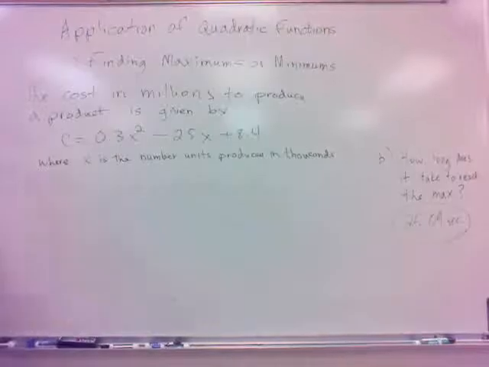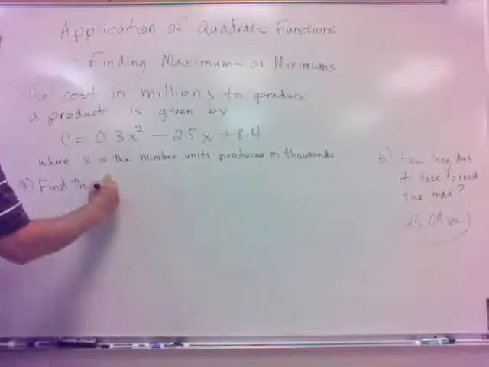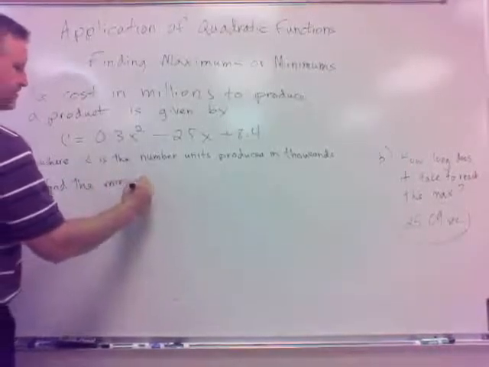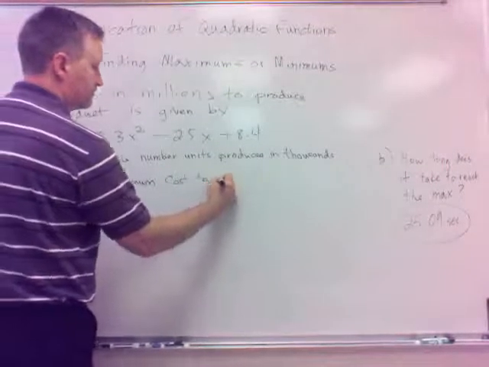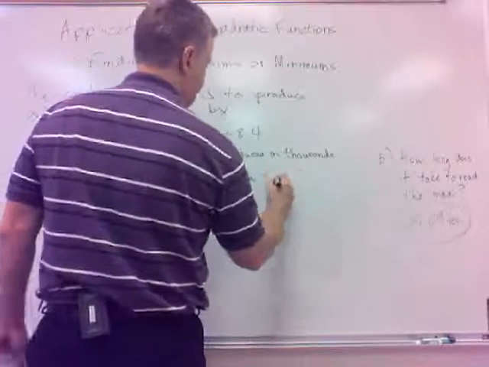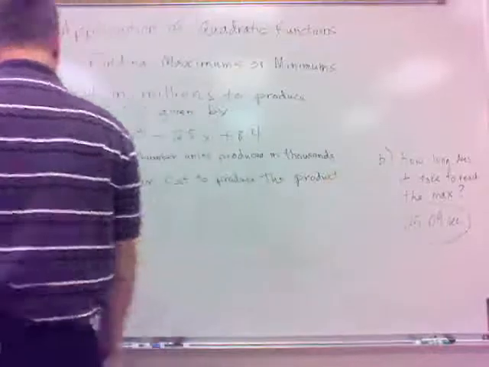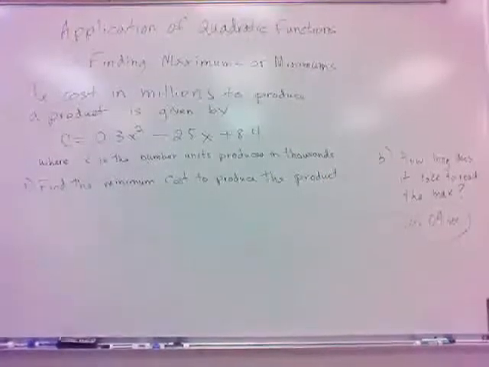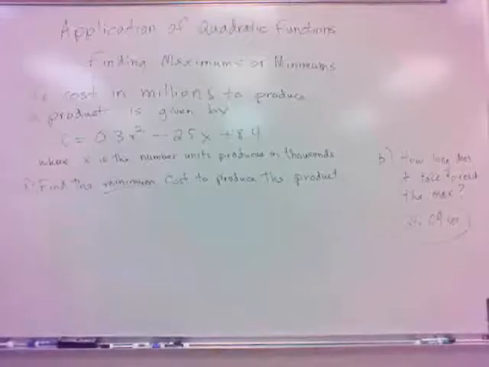But that's not what we want here. We want to find the minimum cost to produce this product. Well, the key word there is minimum, and that should trigger us to think about some things.